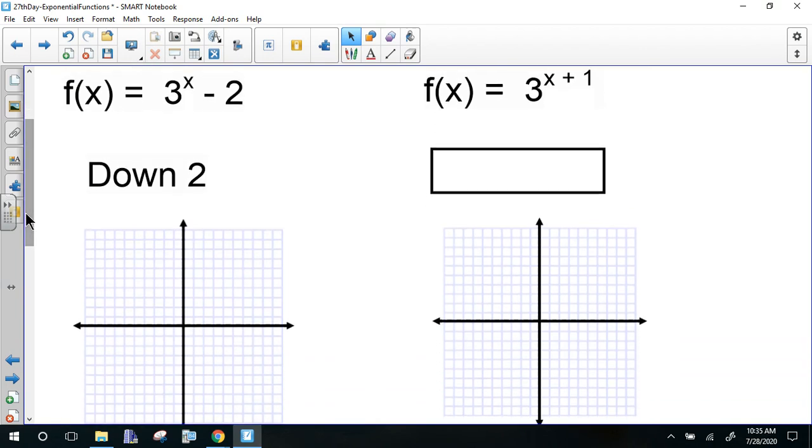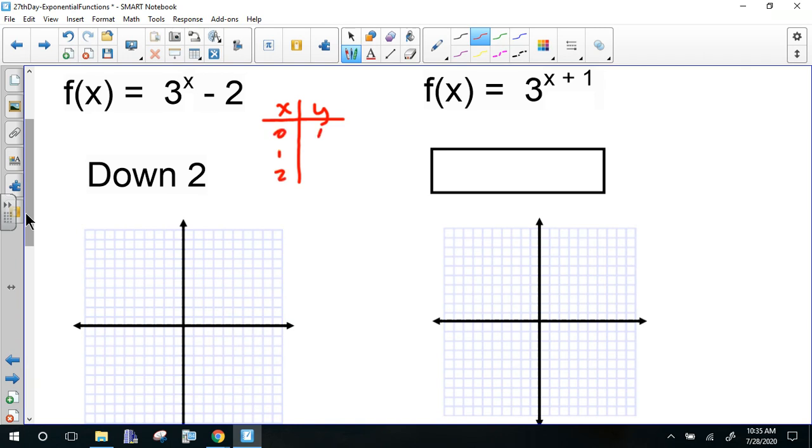If I graph 3 to the x power, I'm going to draw the parent function here, 3 to the x. I'll plot these points. Three to the x looks like this.